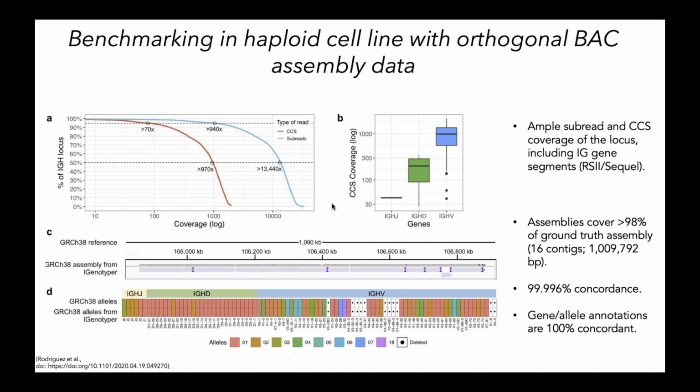This sample is actually what now stands as the reference assembly in GRCh38 for all of the IG loci. And because it's from a haploid cell line, it represents a nice gold standard reference. So we use DNA from the sample to do our initial benchmarking. And these are the figures that are shown here. I'll try to summarize them quickly.